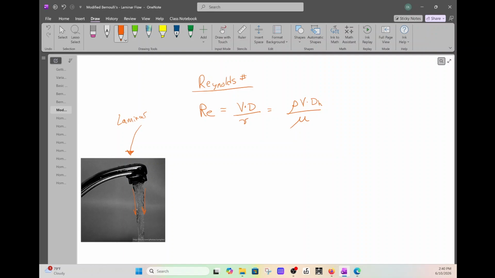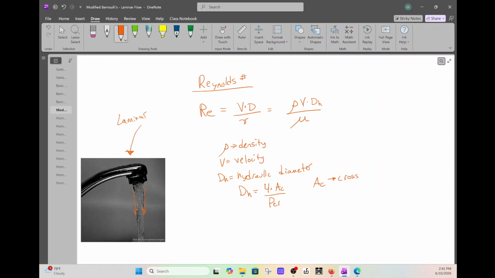So rho is your density, v is your velocity, dH is your hydraulic diameter. And there's an equation for that. It's 4 times the cross-sectional area over the perimeter.